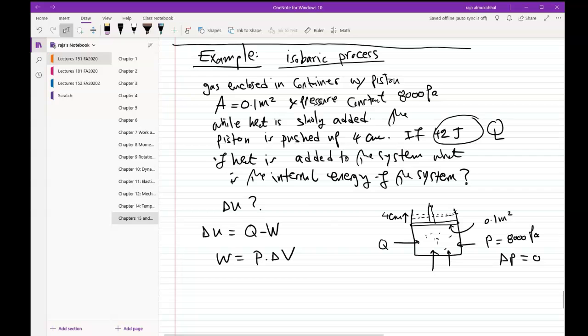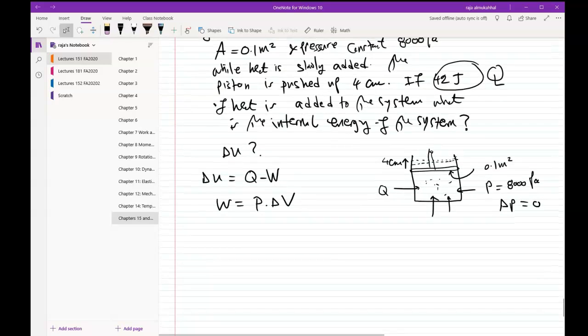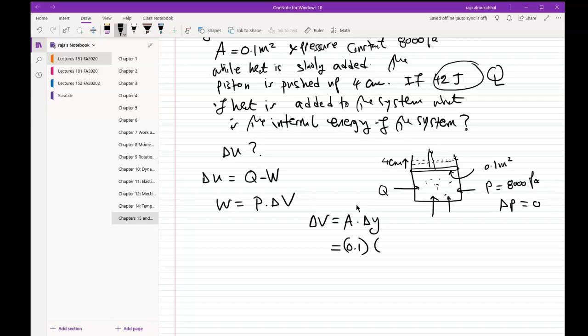Well, he gives me delta Y. Remember we said that delta V is A delta Y. Remember that? The beginning of the video. He gives us both. He said the area is 0.1 and delta Y is 4 centimeters, so that's 0.04.